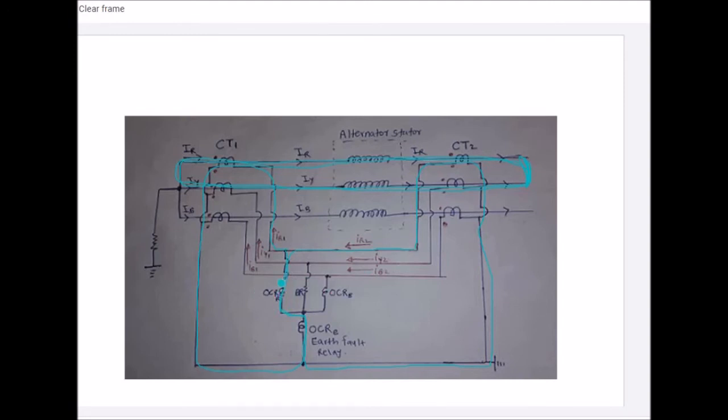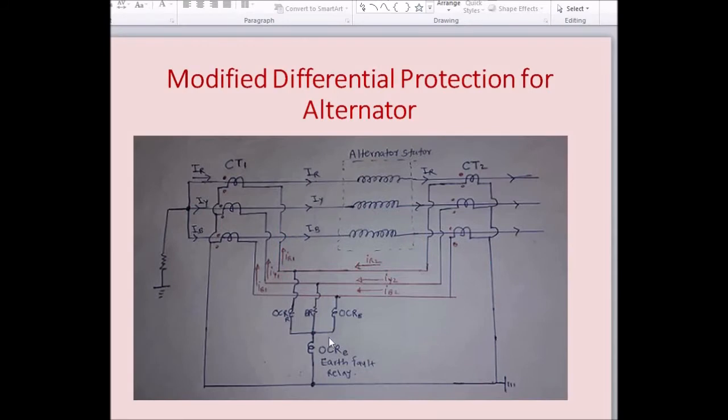So the differential current flowing through the R phase relay is 0, as the same fault current flows through both CT sets. Therefore the scheme will not operate for an external fault.